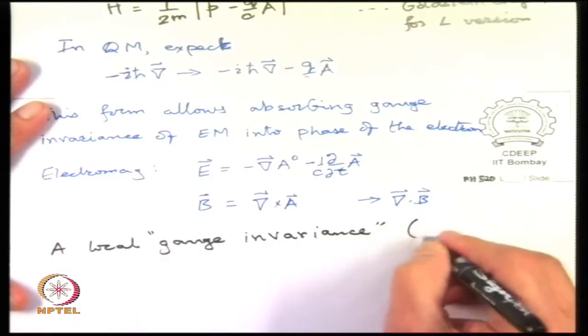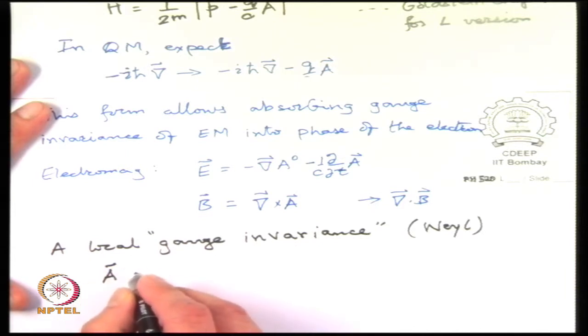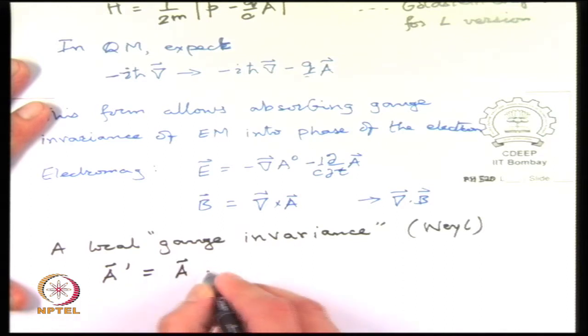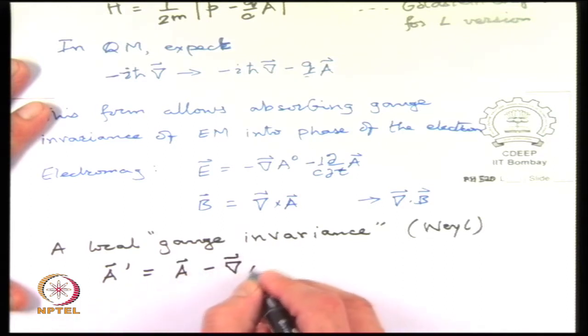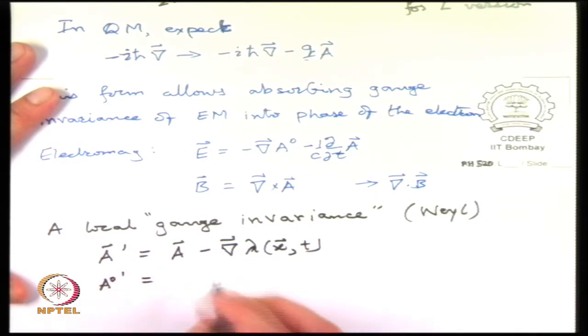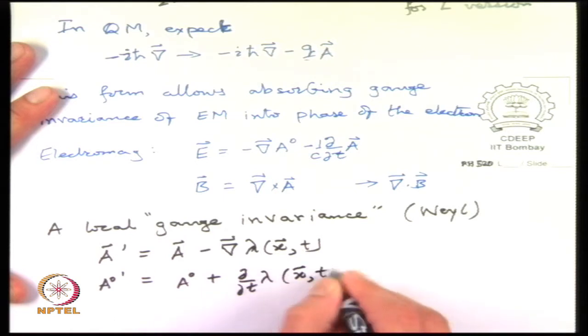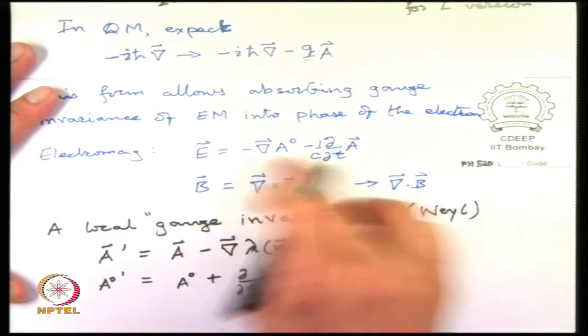Term given by Hermann Weyl, which is that if I change A to old A minus the gradient of some lambda of x and t, and change A0 to old A0 plus the time derivative of lambda, then we can make these two get compensated here.